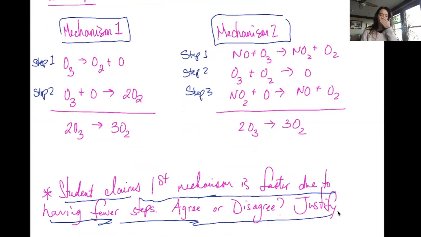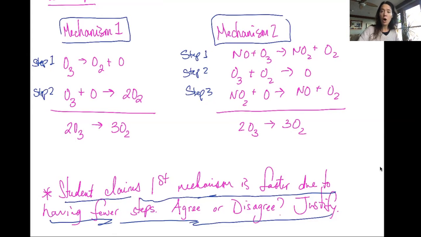I need you to agree or disagree and justify. We would need to start by agreeing or disagreeing. That always needs to be the first part of your answer. If you need to figure out how to get to your agreeing or disagreeing, maybe leave a couple spaces and then start doing your thinking process here. But the first part of your answer needs to be agree or disagree.